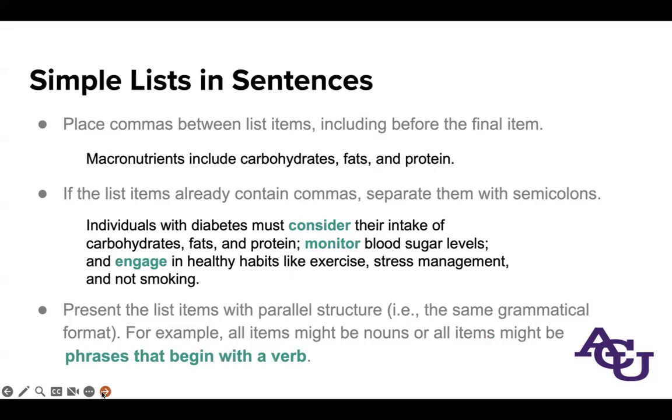So, individuals with diabetes must what? They must consider their intake of these things, monitor their blood sugar levels, and then engage in healthy habits like exercise and stress management. So all three of those items in the list begin with verbs, and that means that they also have the same grammatical structure.